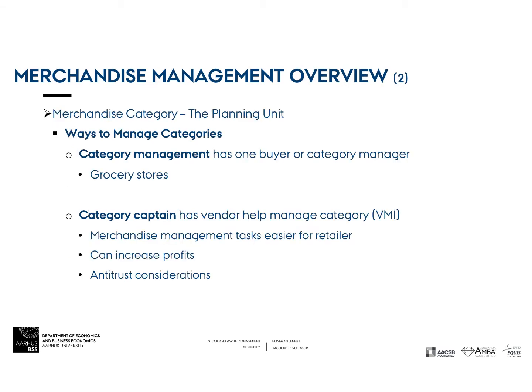In general, the planning unit of merchandise management is the category. That's important. We started to talk about the ways to manage categories. You can use a category manager to manage, or you can use a category captain. This is actually addressed in the textbook, so if you would like to know more, go back to your book. So we'll continue.